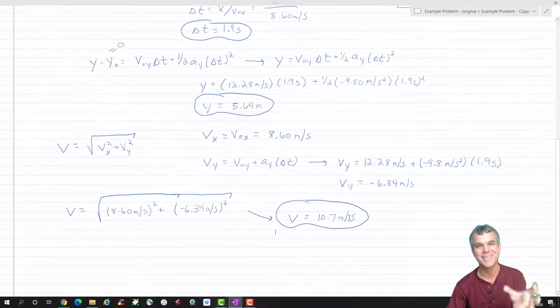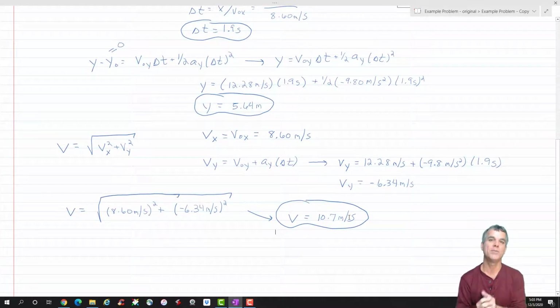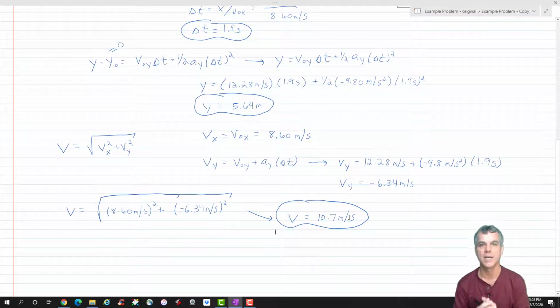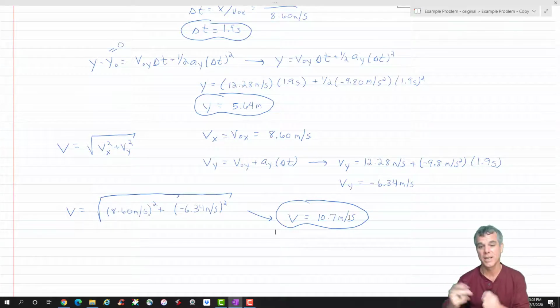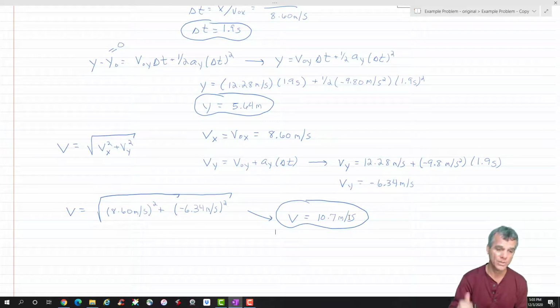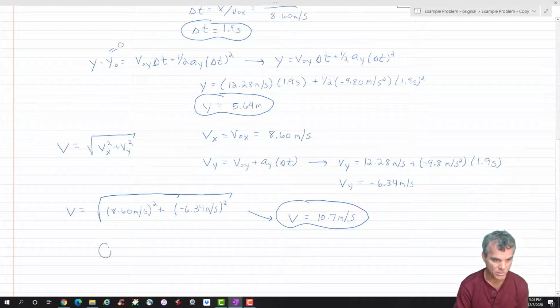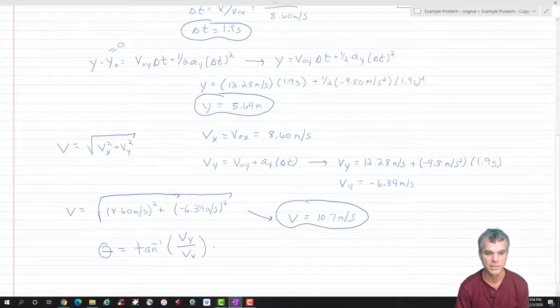Now this problem didn't ask for this, but what happens if you wanted to know what direction this object is moving at that time? Remember, velocity has both a magnitude, which is the speed, and a direction. If I want the direction, then what I'm going to solve for is theta, which is the inverse tangent of the y component of the velocity divided by the x component.